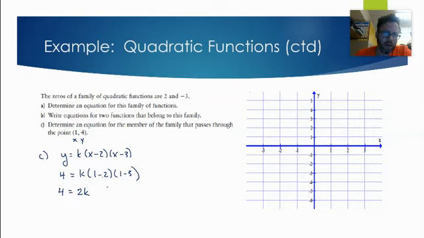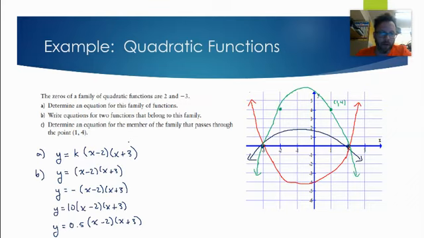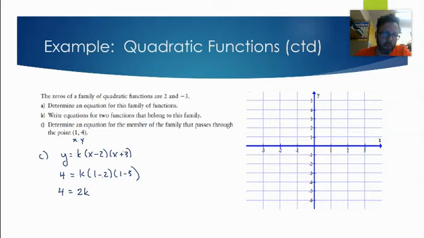I was expecting a leading coefficient that was negative, but I got positive. That's because I did a copying error. Our family is (x minus 2)(x plus 3), so that should be negative 1 times 4, which is negative 4. That's better.